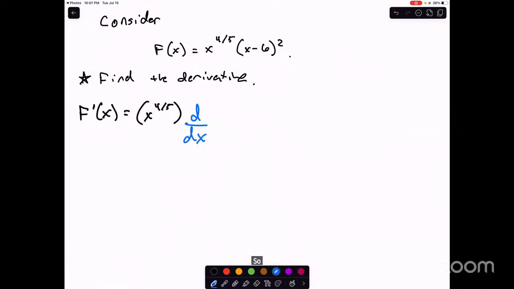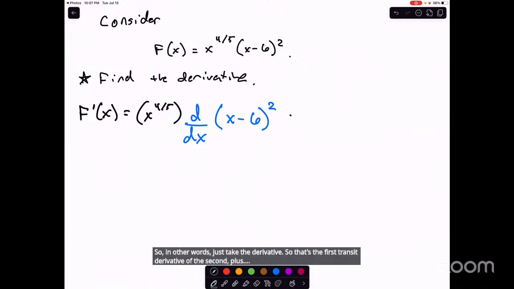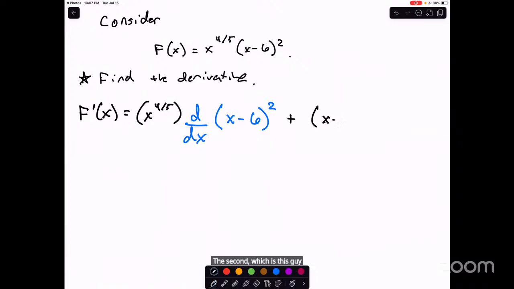This d by dx just means the derivative with respect to x of the following. So that's the first times the derivative of the second plus the second, which is this guy, times the derivative of the first, which is x to the power of 4 over 5. That's called the product rule for finding a derivative.